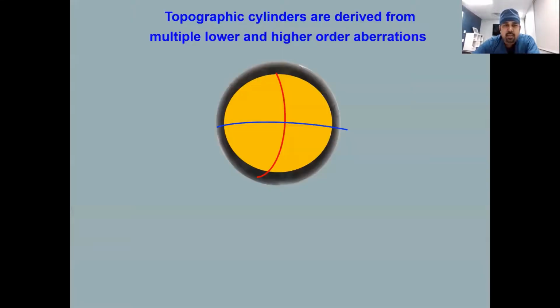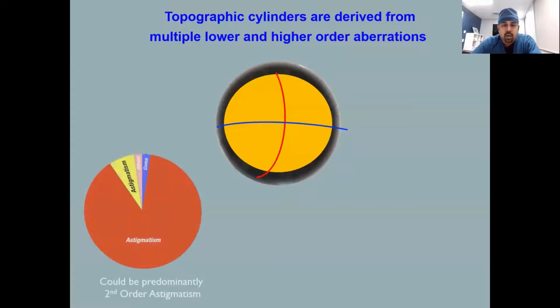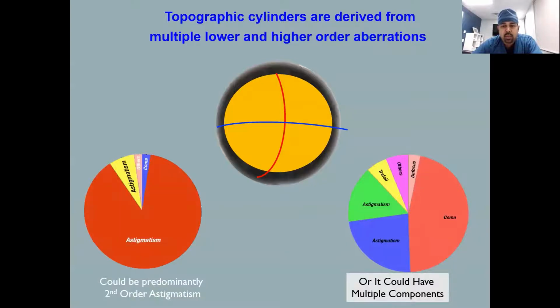If you look at the topographic cylinder, which we initially started off discussing, say a patient has 2 diopters of cylinder, or 1 diopter of cylinder, as shown on the topography image, all of that is not purely astigmatism, as in second order astigmatism. Predominantly they could be second order in most of the patients, and in a good number of patients it could also have other components of aberrations.